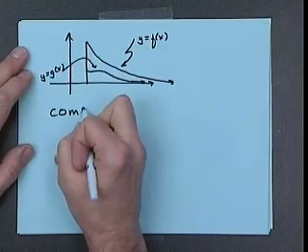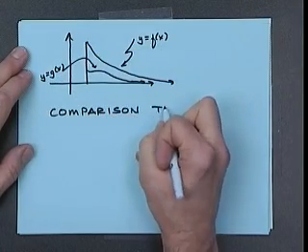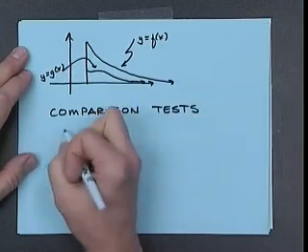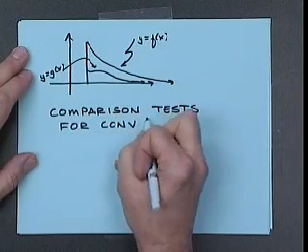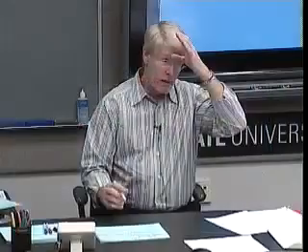So we're going to actually come up with some... Now, the bad thing about this test is we can decide convergence and divergence, but if it converges, we don't know the value to which it converges. So it's a decision only, no actual numerical value.